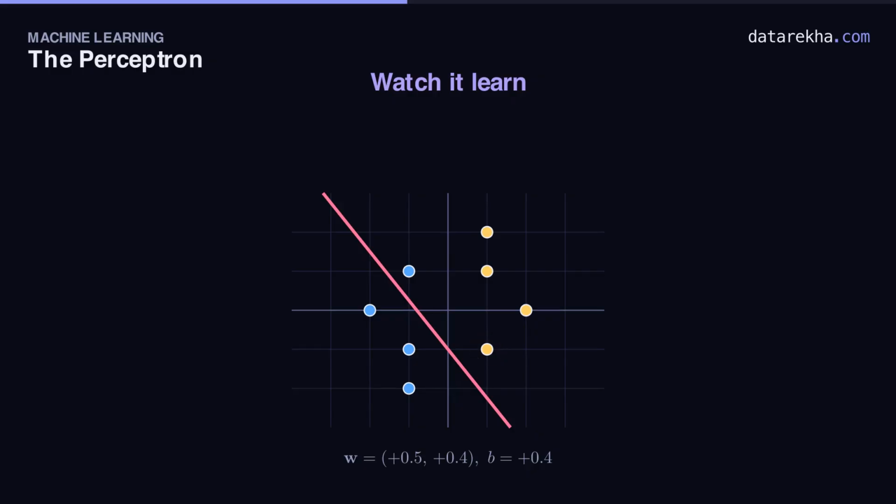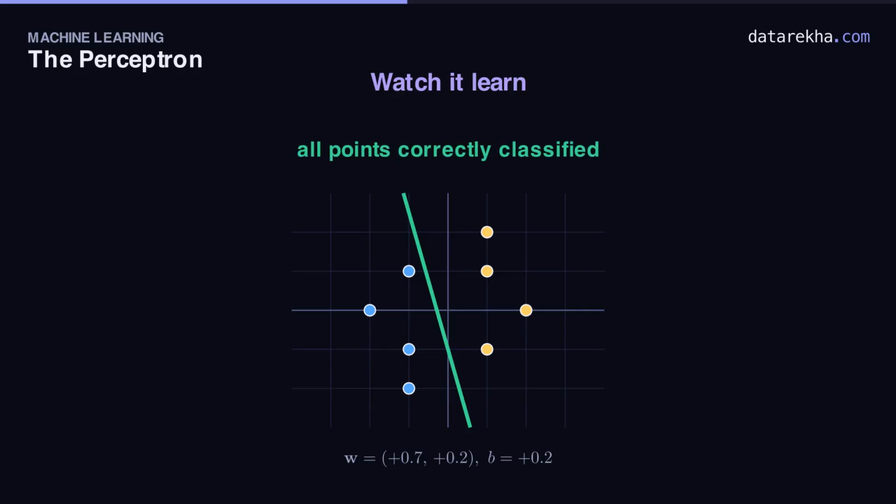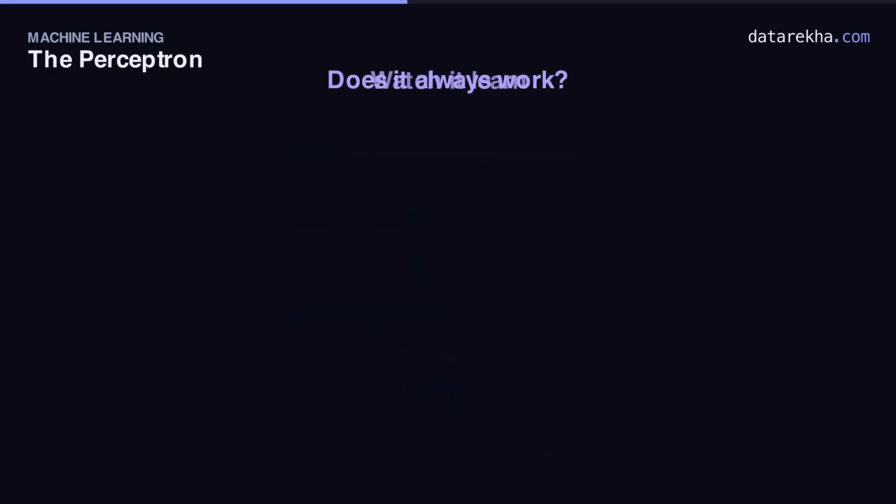One more small correction, and a final tug from a blue point. Watch what happens next. And there it is. After just 5 corrections, every gold point sits on one side and every blue point on the other. The line found itself, no calculus, no gradient, just 5 honest mistakes and 5 small nudges.